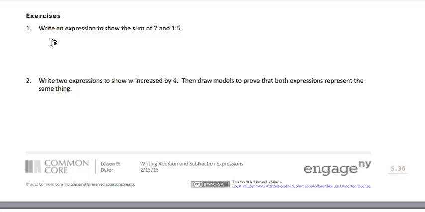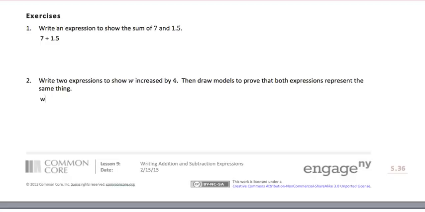Now let's practice. We're going to write an expression to show the sum of 7 and 1.5. And there's our expression. Second, we're asked to write two expressions to show w increased by 4. Increasing by 4 is simply adding.